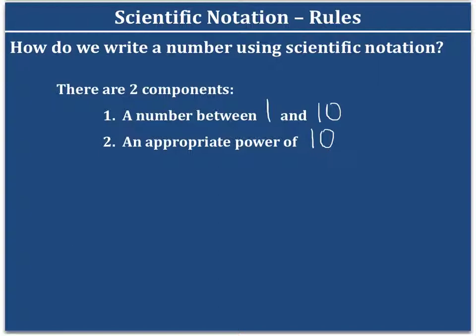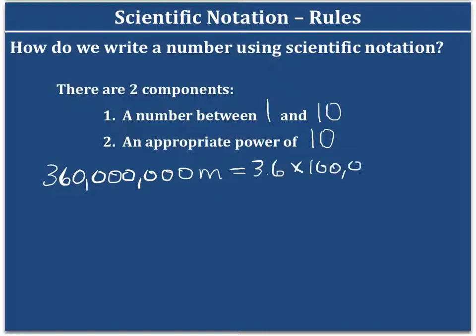So let's take an example number to figure out what this really means. So let's take the distance from the Earth to the Moon. Okay, so another way to write this is 3.6 times 100 million. So if you'll notice, we actually have our first component here, 3.6. That is a number between 1 and 10.